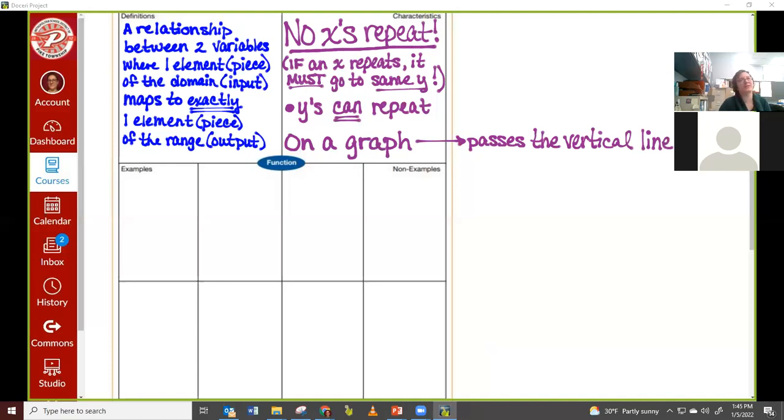I'm going to have two different examples here of our vertical line test, something that passes and something that fails.